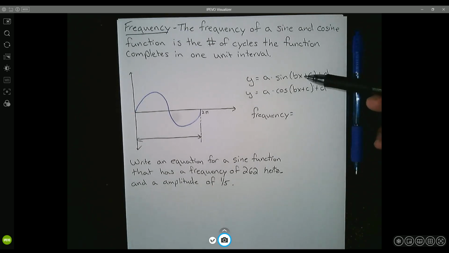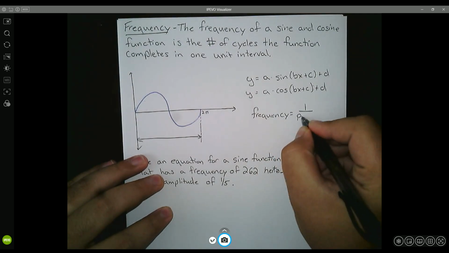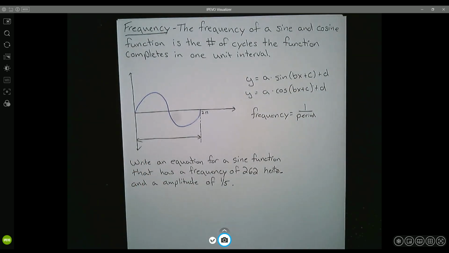Now, we still go from our same equations we've been talking about for sine and cosine, where y is equal to a times sine of bx plus c, plus d, and y is equal to a cosine of bx plus c, all plus d. We use these functions once again, but we're only looking at a certain term, and for this one, it's actually a pretty simple term. For frequency, it's going to be 1 over the period. If you remember yesterday, a period was 2 pi over b.